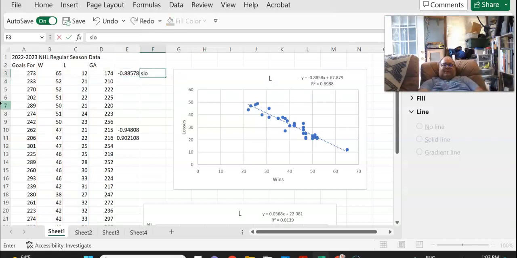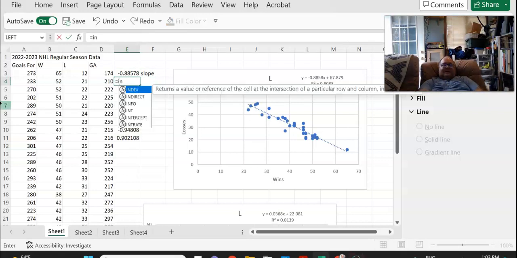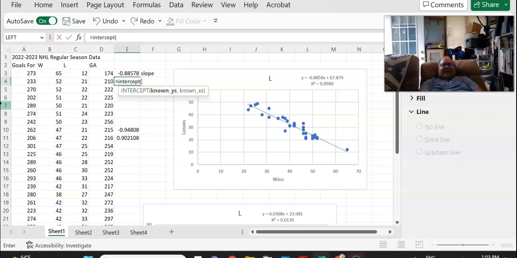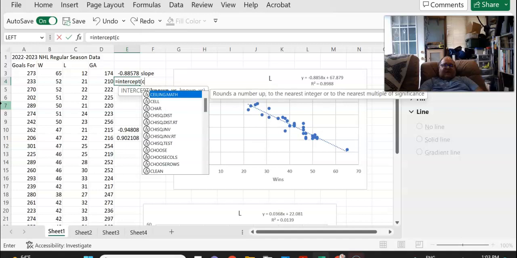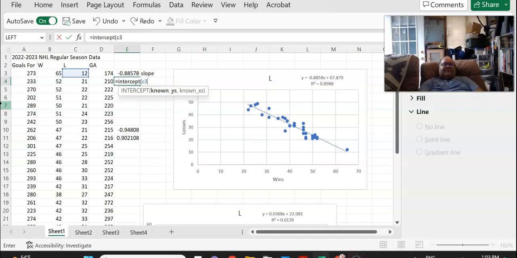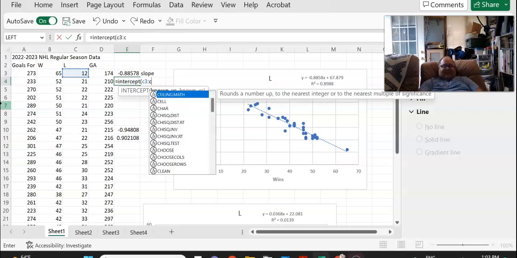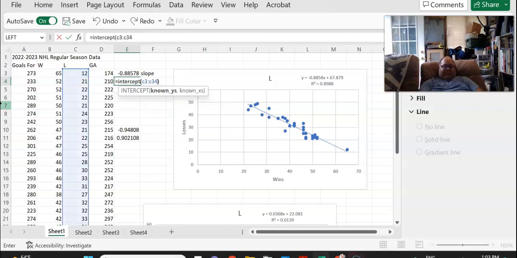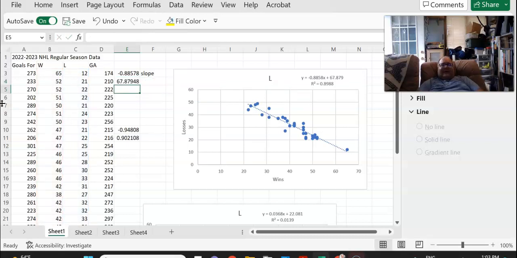This is our slope, and our intercept equals intercept of C4 or C3 through C34 and B3 through B34, and it gives us our y-intercept.